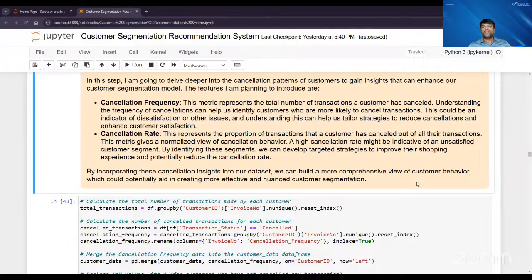We can try to understand what my customer needs, what my customer requires, how I can make him buy the product and not cancel it. That is how I can improve my customer experience, by helping so that he doesn't cancel the transactions. So this is what we are going to analyze, the behavior of the customers.